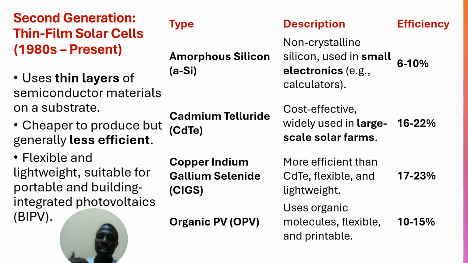So the advantage in using CIGS solar cell is that it's also flexible and lightweight, and efficiency between 17 and 23% has also been achieved. Then we equally have organic PVs that uses organic molecules and flexible and printable materials for its manufacture. The efficiency is somehow low, close to that of amorphous silicon, usually between 10 and 15%.